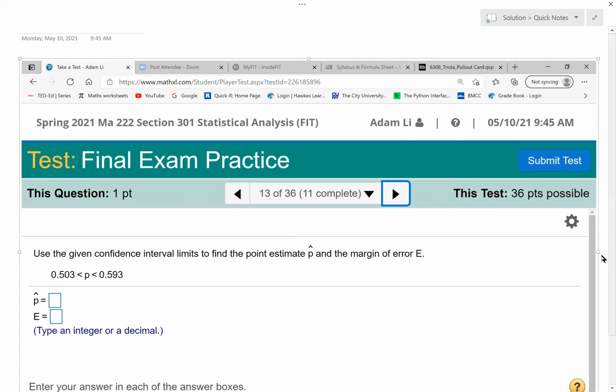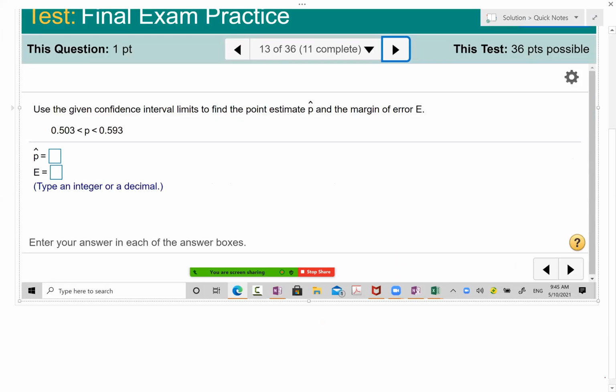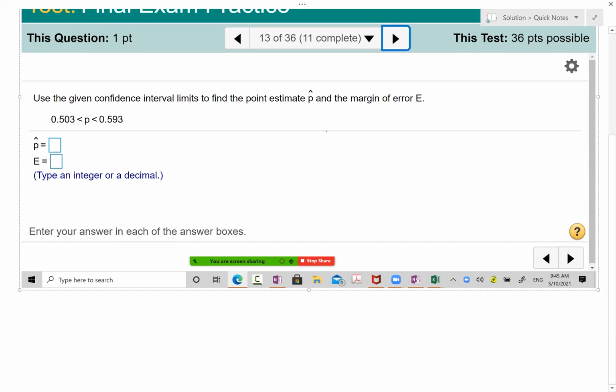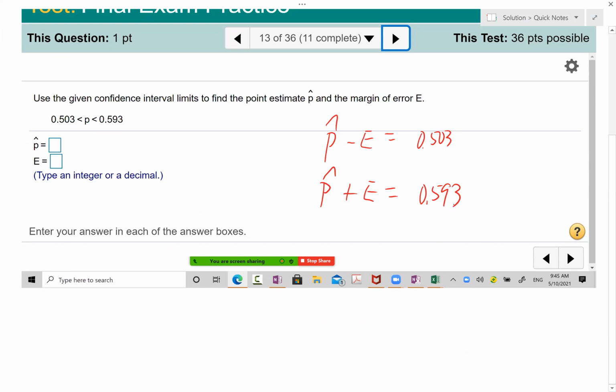Similarly, we are given the lower limit. Okay, so p hat minus margin error, that's 0.503. P hat plus margin error, the upper limit, is 0.593.